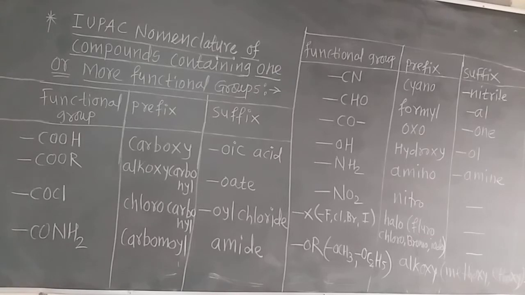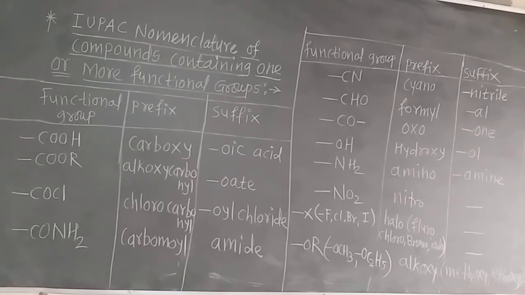Now let us learn about the nomenclature of organic compounds having one or more functional groups. First, see how the prefix and suffix are different, that is, the prefix and suffix for the one functional group.